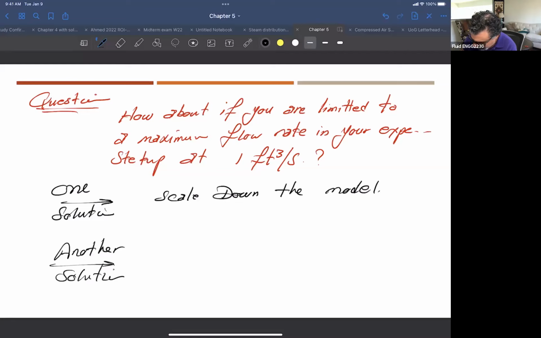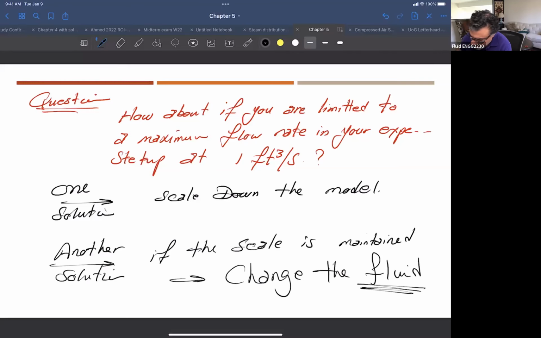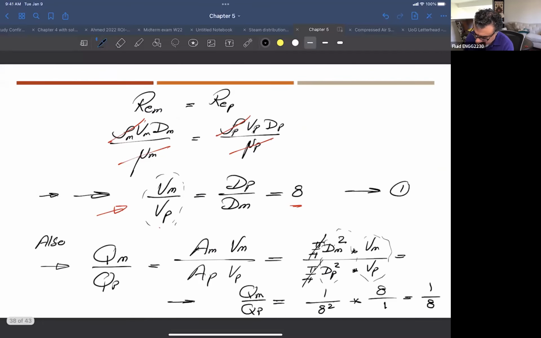So another solution, if the scale is maintained, you can change the fluids. In this case, in this equation, you might have density and viscosity, and you have the dimension here.